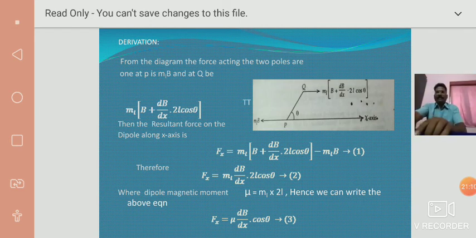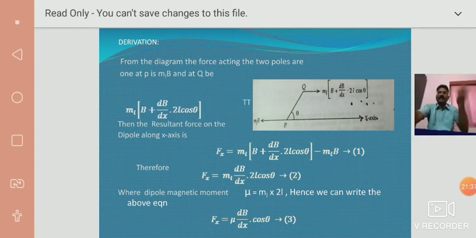Remember, what is the force at P? Magnetic field B into ml. What is the force at Q? Yes, ml B plus dB by dx 2l cos theta. So this is the equation. What is the resultant force acting on a tiny magnet of length 2l? Yes, Fx is the higher value minus the lower value.